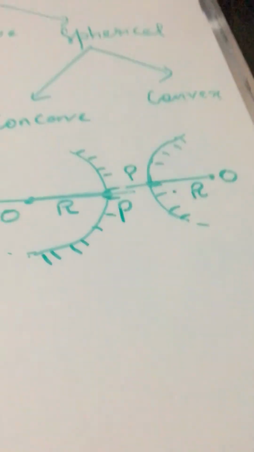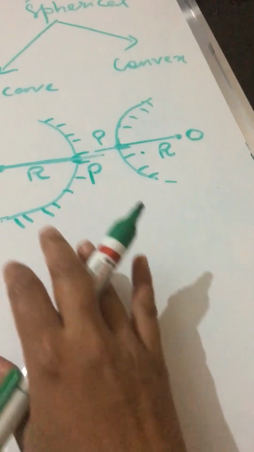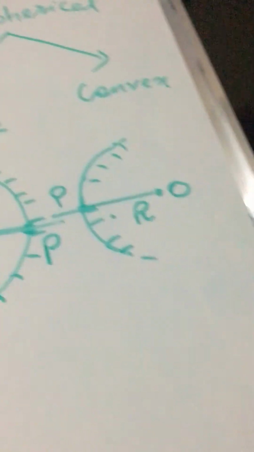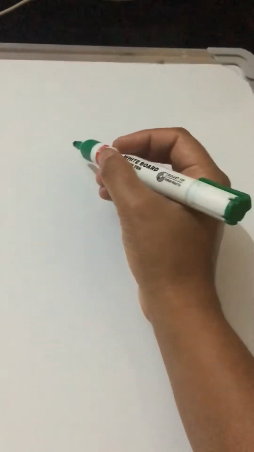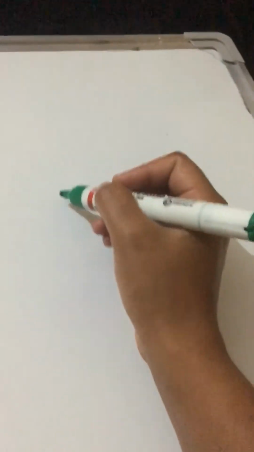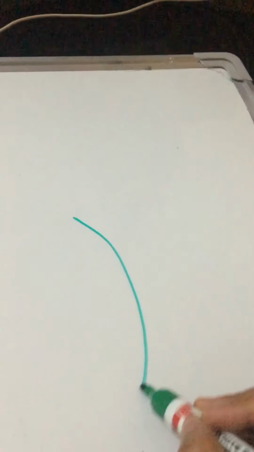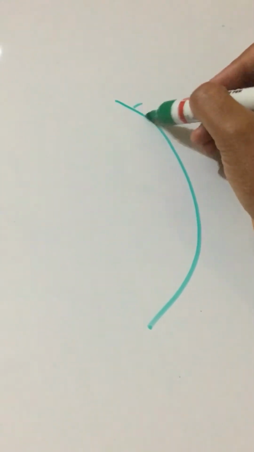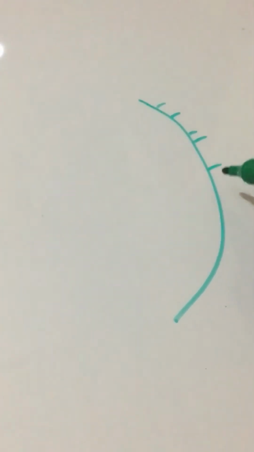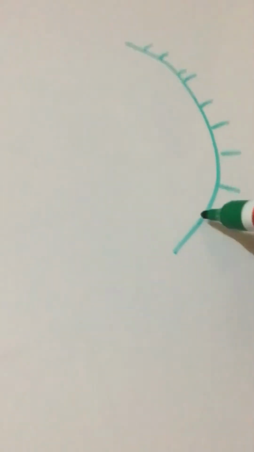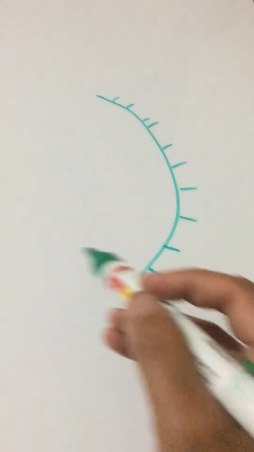Now we are going to study the concave and convex separately. Coming to the concave mirror, I will be drawing it in a broader way. Suppose here is a concave mirror. Actually you have to use the protractor to make the concave surface.